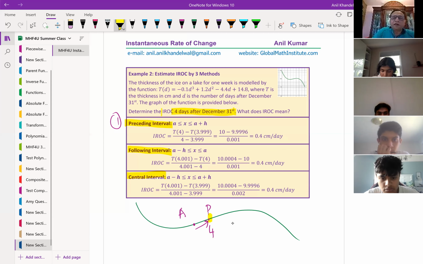So we have the value of 4. What is the number very close to 4, but on the left side? 3.999. Is that clear to you? If you want accuracy to 3 decimal places, then you have to use 3 nines. Is this clear? 3 nines will give you an answer accurate to 3 decimal places.